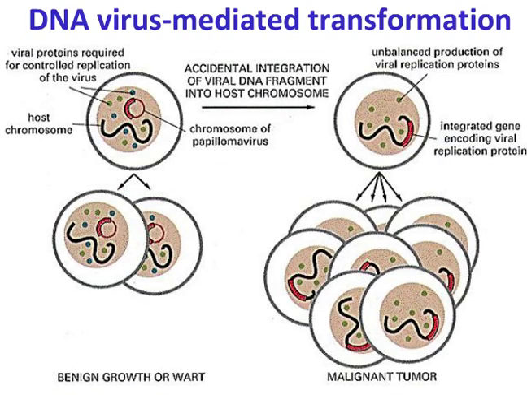This figure illustrates how a DNA virus, such as a papillomavirus, can cause a malignant transformation. Normally, DNA viruses do not incorporate their genome into the genome of the host cell.